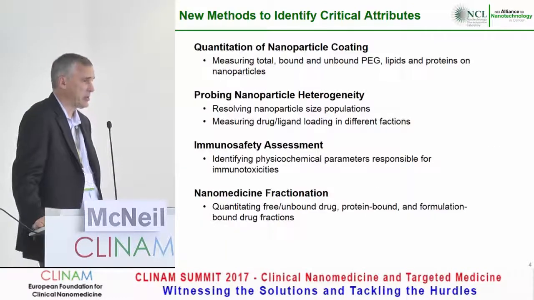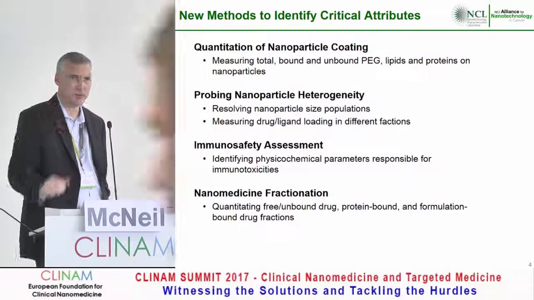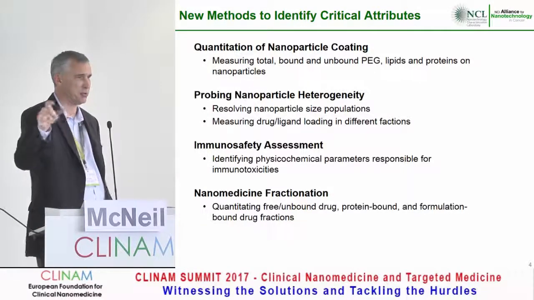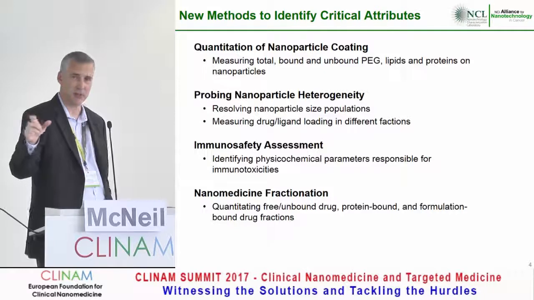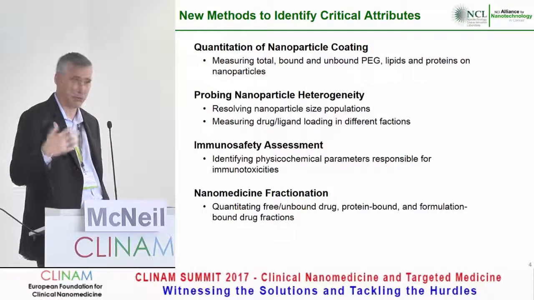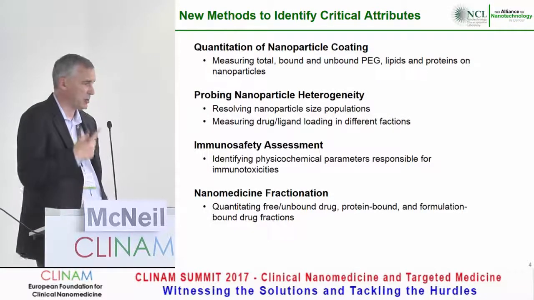There are various methods to begin to look at your critical attributes. If you're an engineer, you can think of it as looking at the total derivative and which partial derivatives, if you do a sensitivity analysis, are most important in contributing to that total derivative, the total derivative being safety and efficacy. There are various ways to quantitate the nanoparticle coating, as I'm showing you up here.